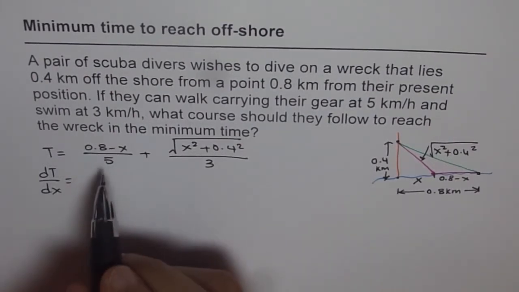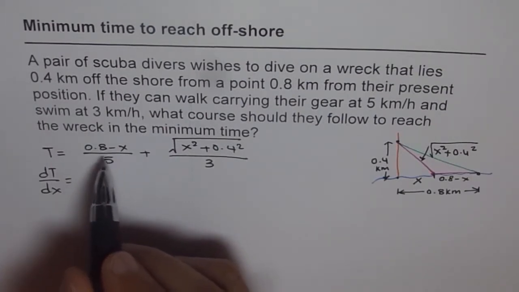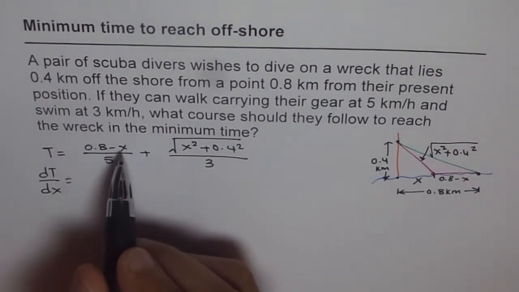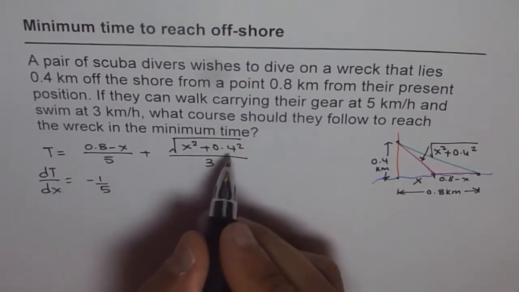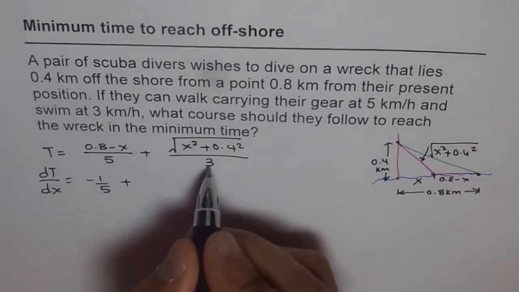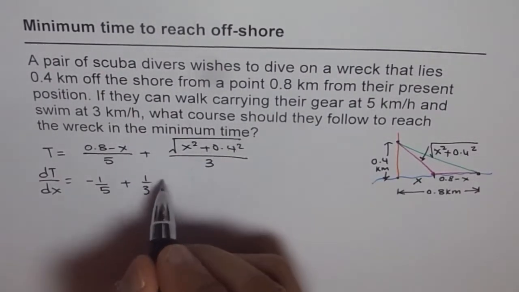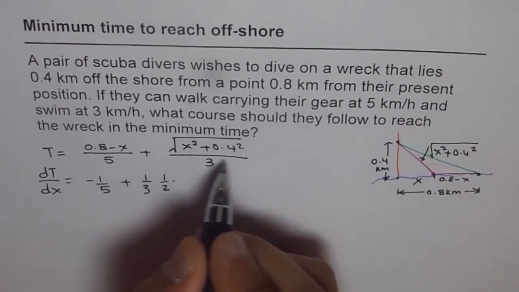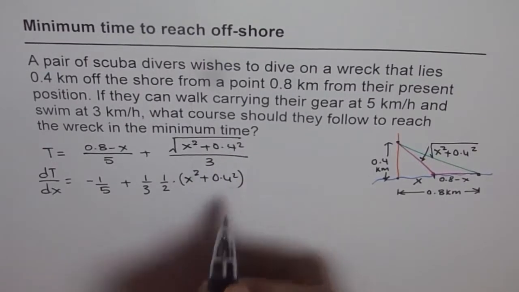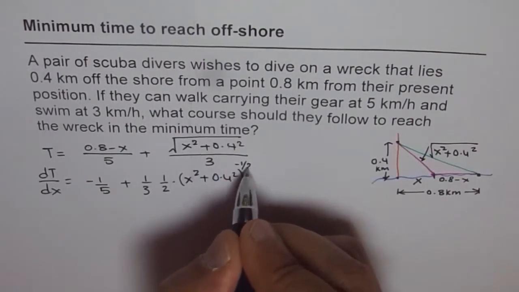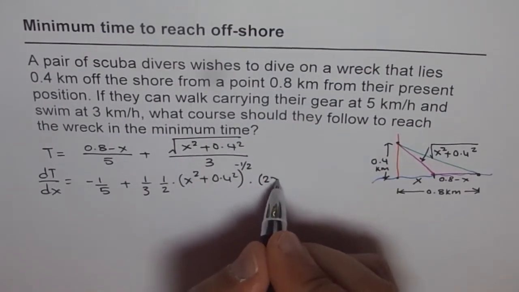So dt over dx will be, in this case, the derivative of the first part is minus 1 over 5, and here we get plus 1 over 3, times something to the power of half, that gives you half times the same thing, which is x squared plus 0.4 squared to the power of minus half, times the derivative of the inside function, which is 2x.